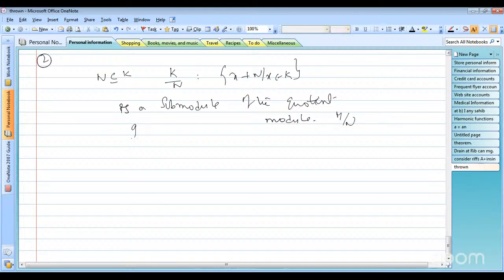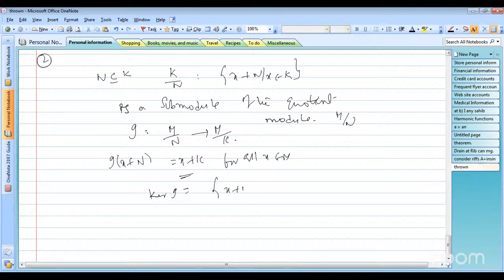You can take here g from m by n onto m by k. Therefore, g of x plus n is equal to x plus k for all x belongs to m. So clearly g is an epimorphism, and kernel g is equal to the set of x plus n belongs to m by n such that g of x plus n is equal to k.